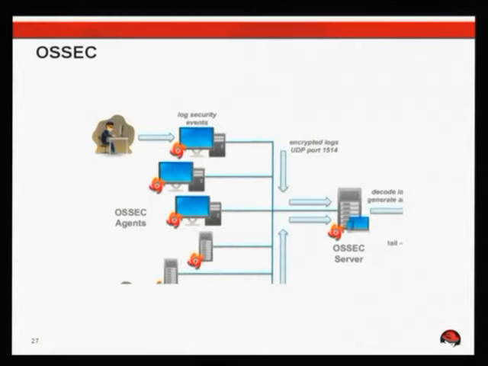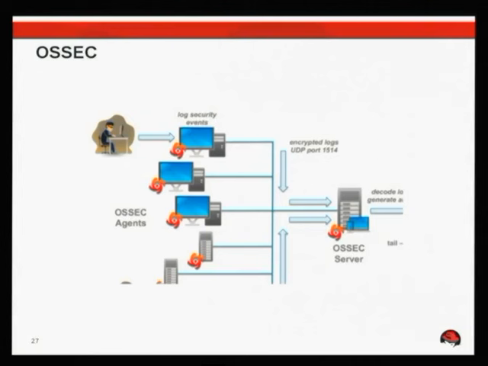So this is a really ancient diagram, but it basically looks like this, where you have one server and all the clients feeding their information back to the server. This is the way OSSEC has been since its inception, which is for some time now.